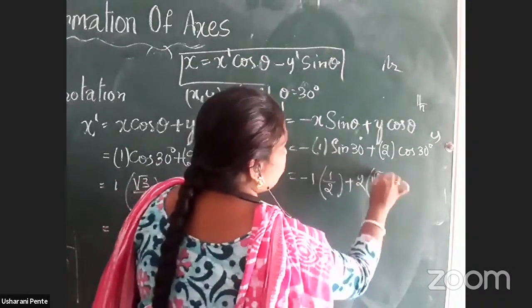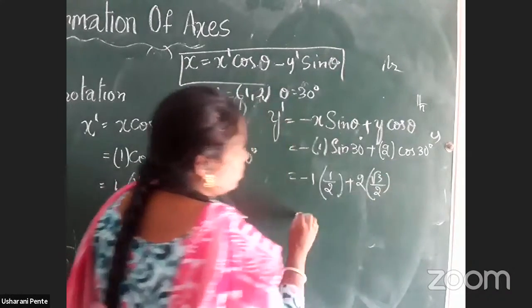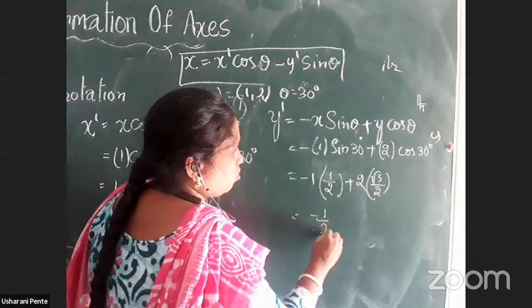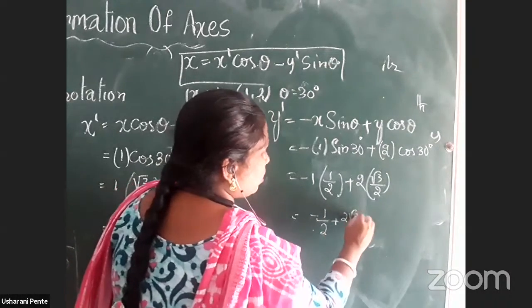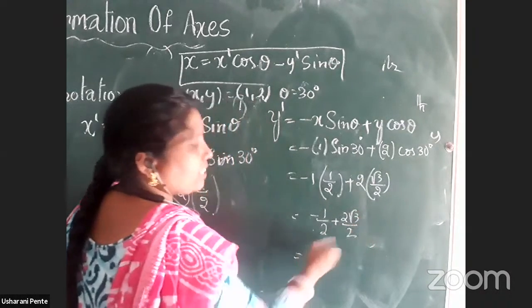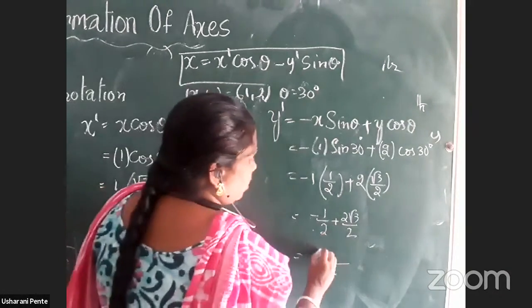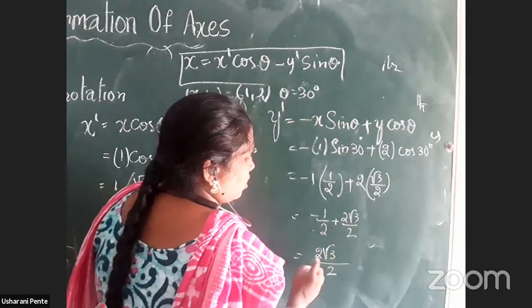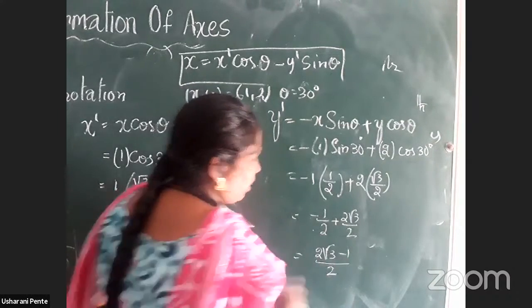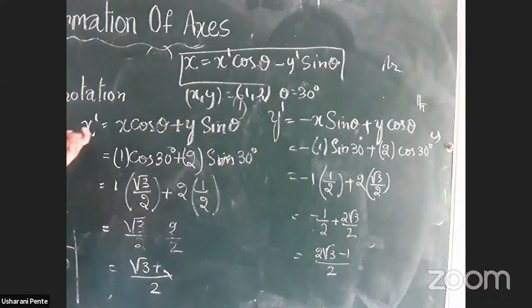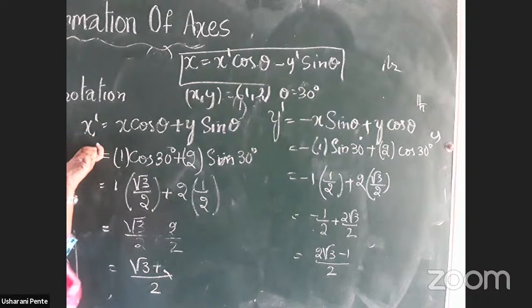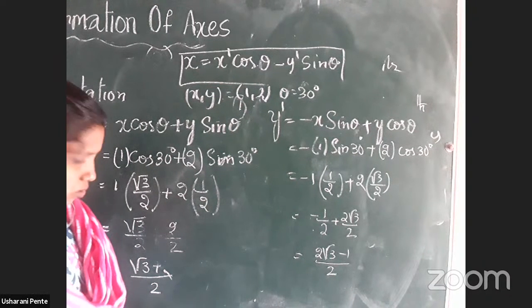Cos 30 is root 3 by 2. Therefore I'll get minus 1 by 2 plus 2 root 3 by 2. As the denominators are the same, we take 2 in the denominator: 2 root 3 minus 1 by 2. Therefore, our X coordinate in the new system is root 3 plus 2 by 2.